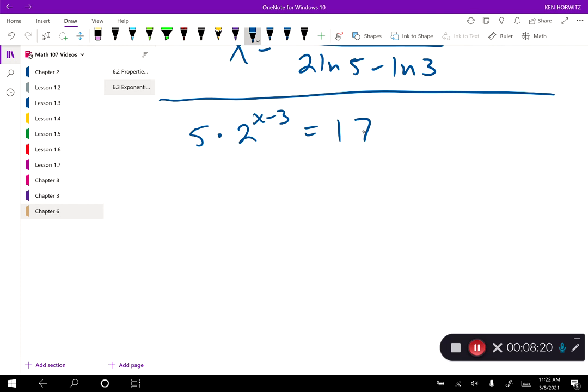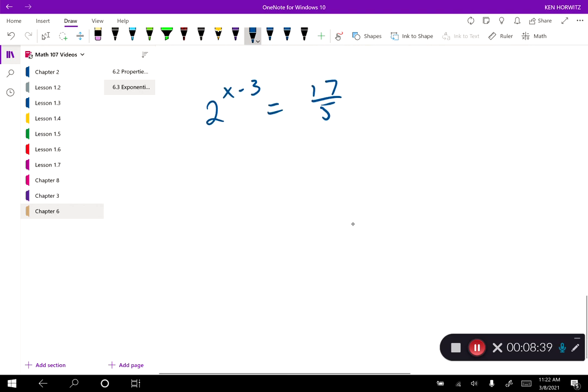So I have to just start working from here. All right, so the first thing I'm going to do is divide by 5 because I want to isolate my exponential expression. So I have 2 to the x minus 3 equals 17 over 5. And again, I'm still not looking to make like bases because it just can't happen.